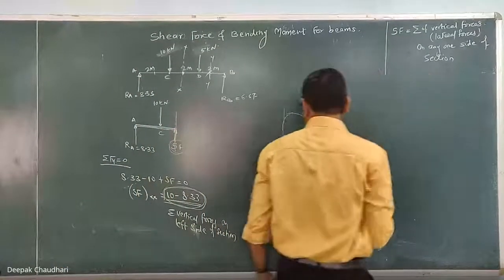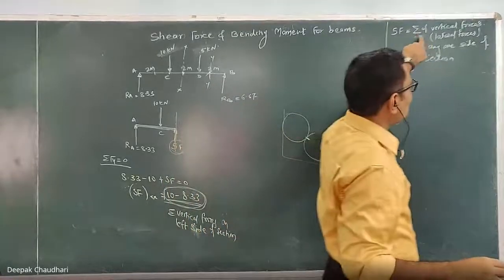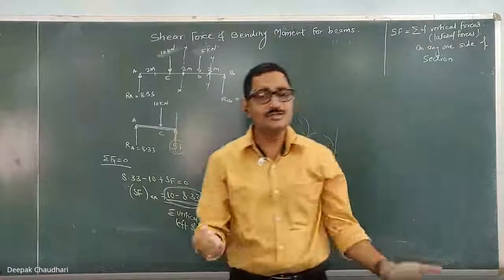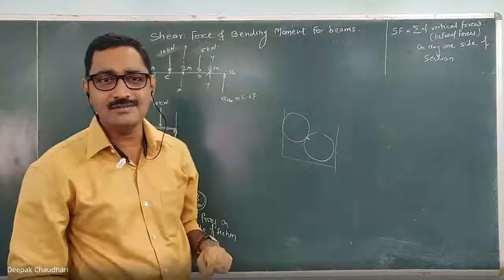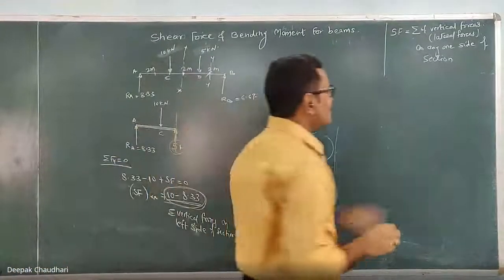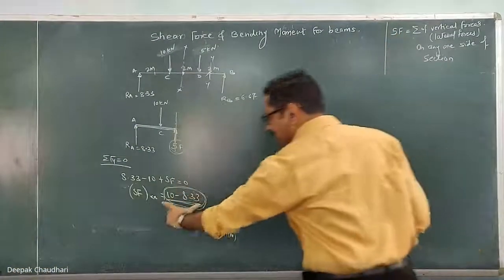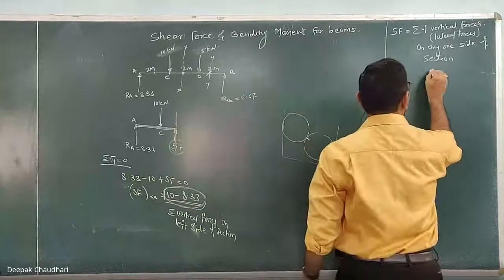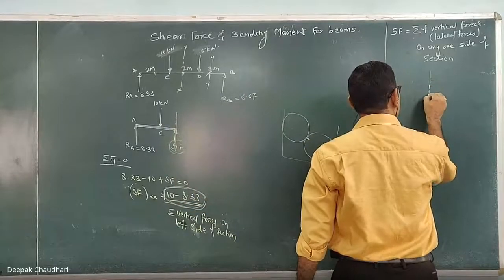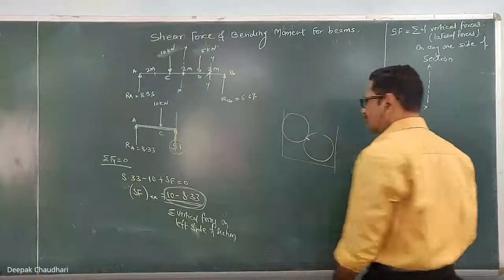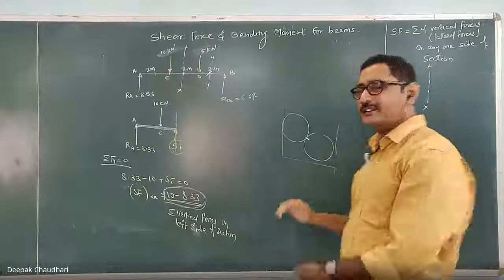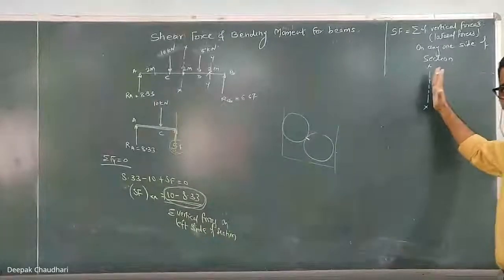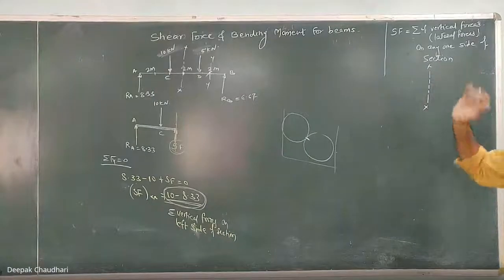Okay. Now, since we are taking the algebraic summation of the forces, we need to use the proper sign convention. Clear? So what is the sign convention for the forces while taking this summation? If I consider this section XX, here the sign convention may be different, but while solving the sum, you have to refer to this sign convention.